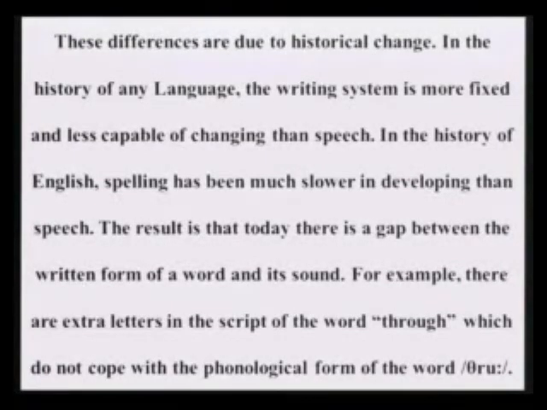For example, there are extra letters in the script of the word through. GH دي جت منين? Which do not cope with the phonological form of the word. شوف بقى احنا ما بنكتبهاش غير ث ر ر ر و خلاص رو.